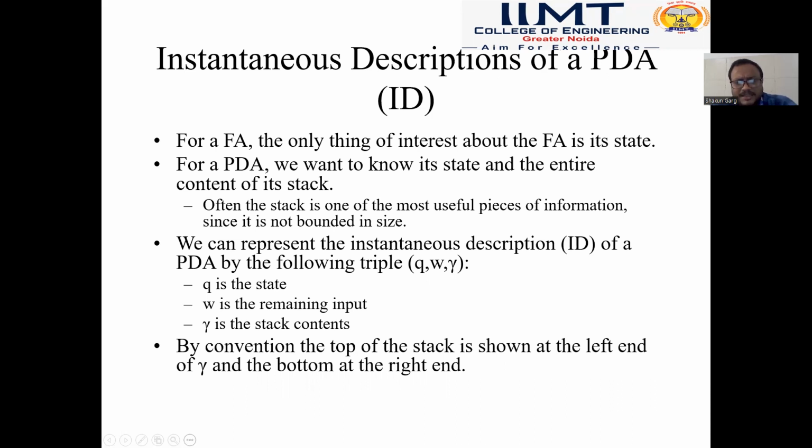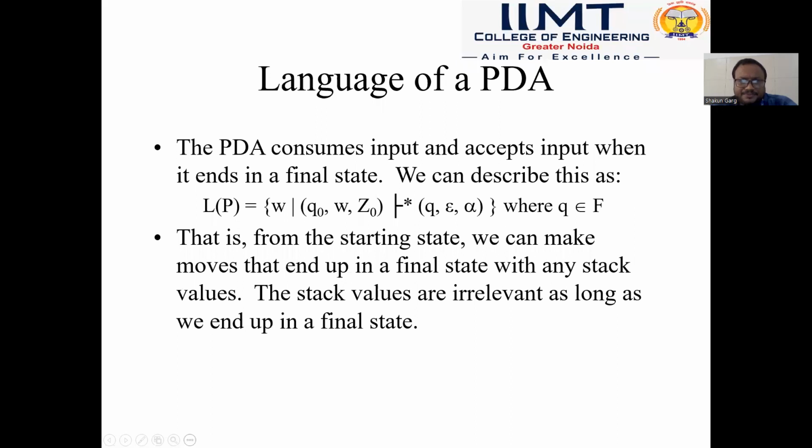We can represent the instantaneous description of a PDA by the following triple: Q is the state, W is the remaining input, and gamma is the stack content. By convention, the top of the stack is shown at the left end of gamma and the bottom at the right end.